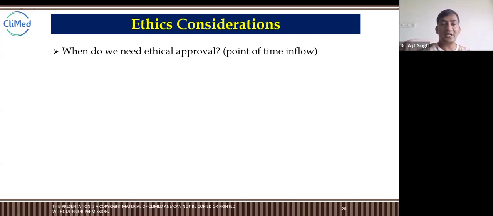We have to take the ethics approval before patient recruitment. So first we will plan the research. We will plan the entire clinical trial or clinical research, and then we will write the protocol.